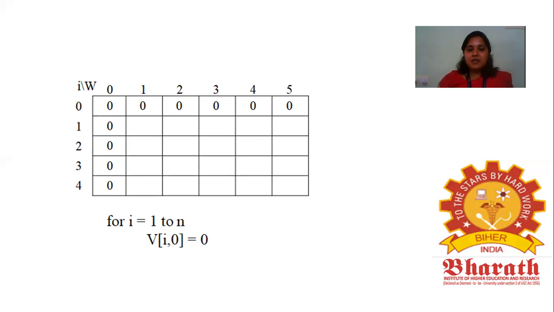So V of i comma W is always 0. If i equal to 1, W is equal to 0, it is 0. i equal to 2, W equal to 0 is 0. i equal to 3, W equal to 0 is 0. i equal to 4, W equal to 0 is 0. So we are making the first column, all the entries, to be 0.